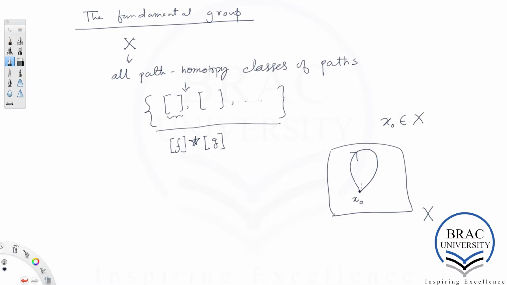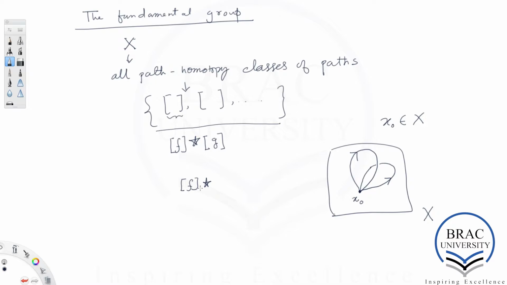So if we choose the path homotopy classes of all such loops, then we immediately see that the product star is well defined in this set.